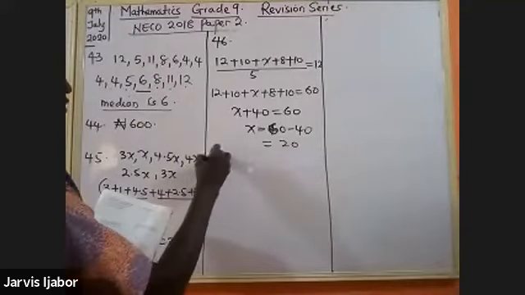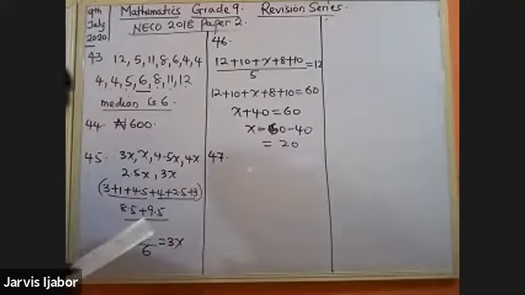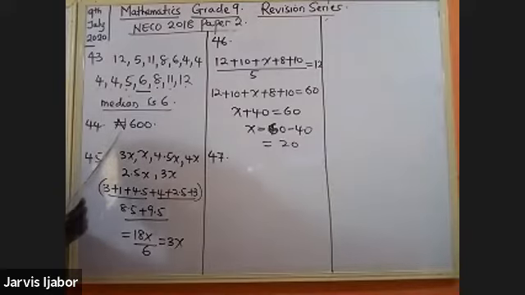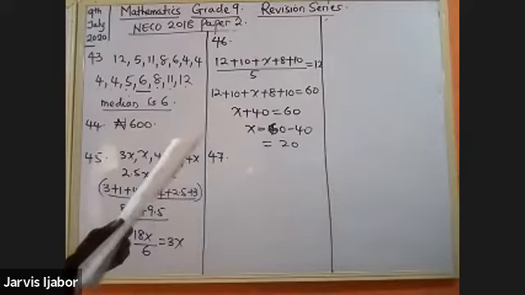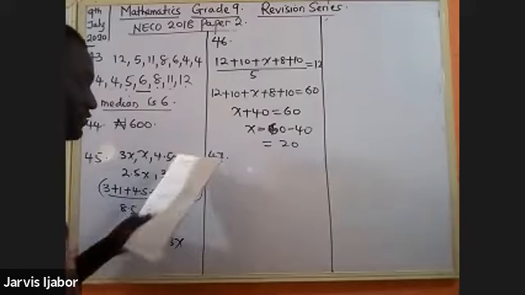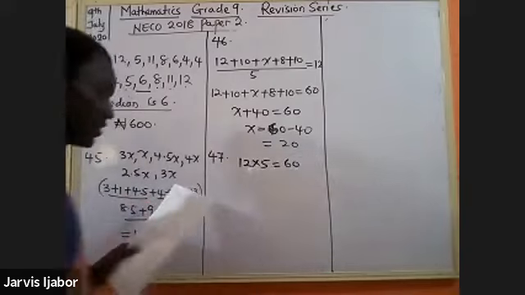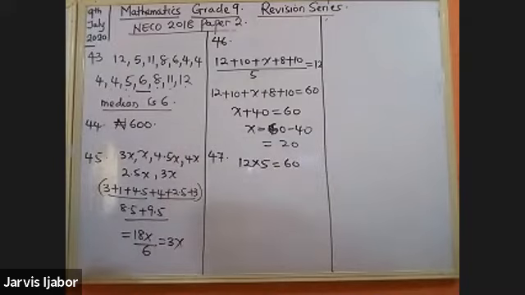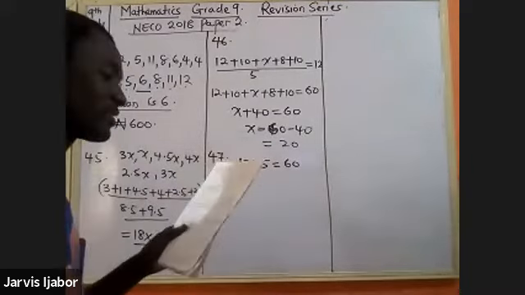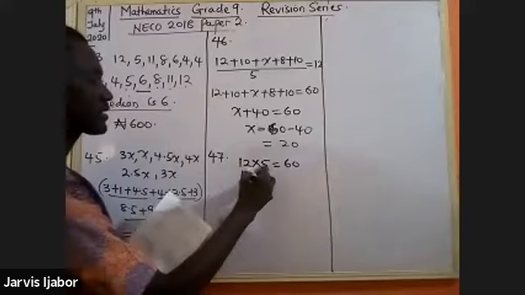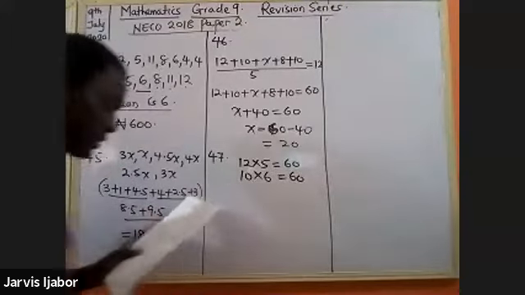Let's look at 47. In question 47, if the mean of 12 students in a mathematics test is what? 5. So 12 times 5 will give me a total score of 60. And the mean of another 10 students is 6. 10 times 6 will give me 60.